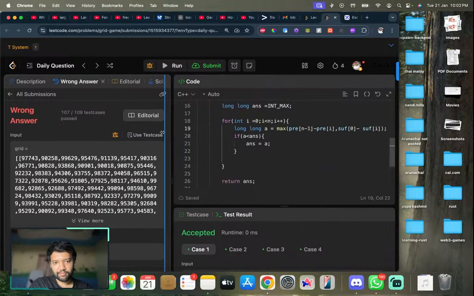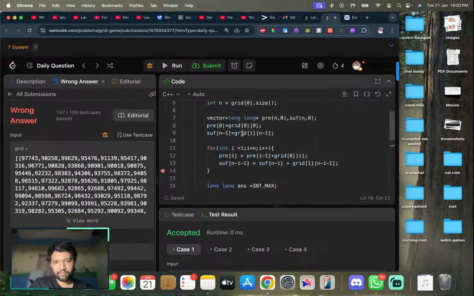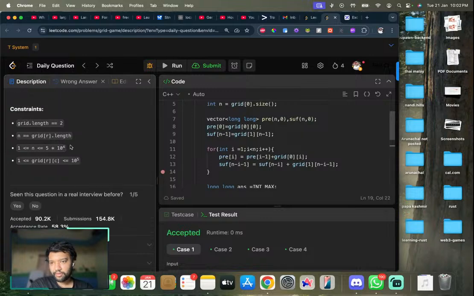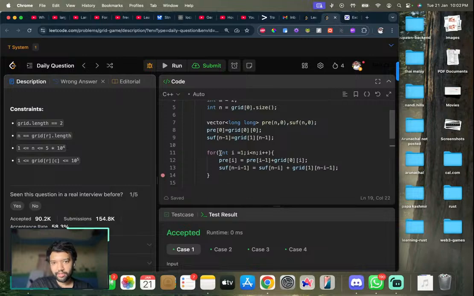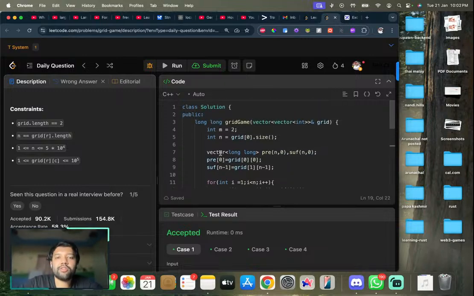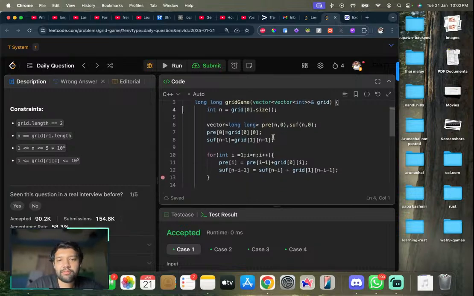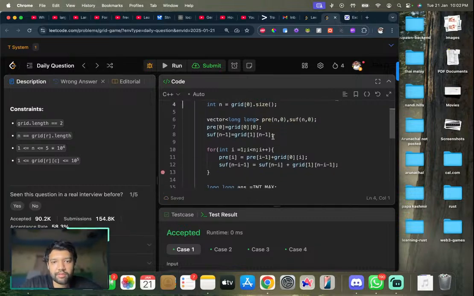Hmm. Is there any range for something? Some range I'm missing? No, I don't need M. Let's remove that. First things first.